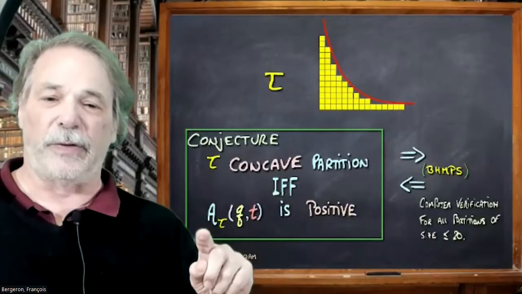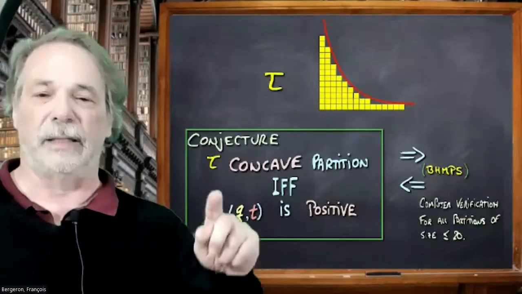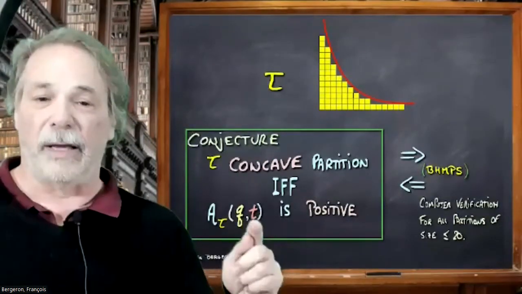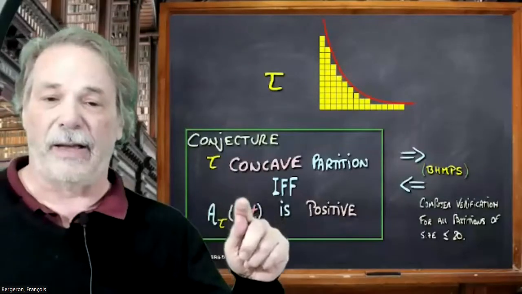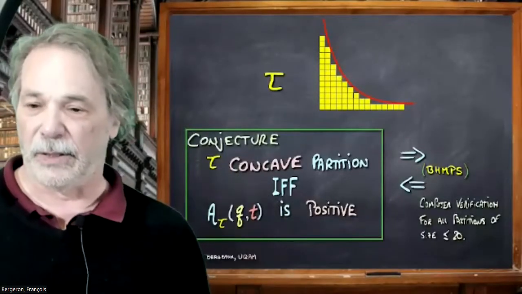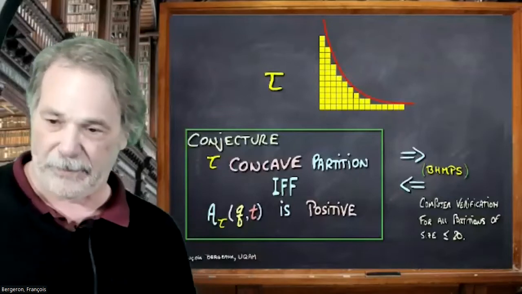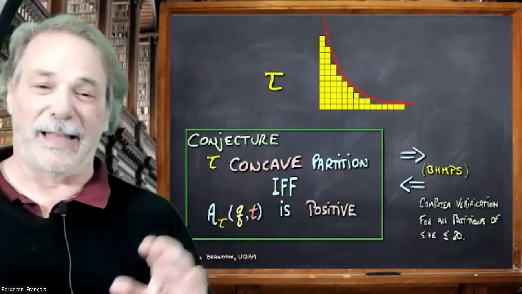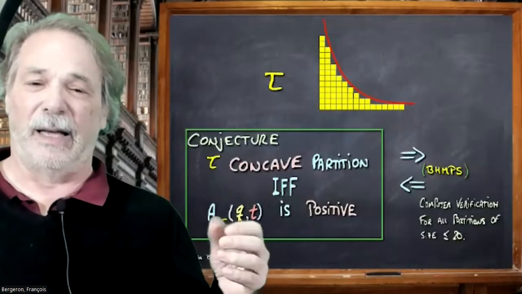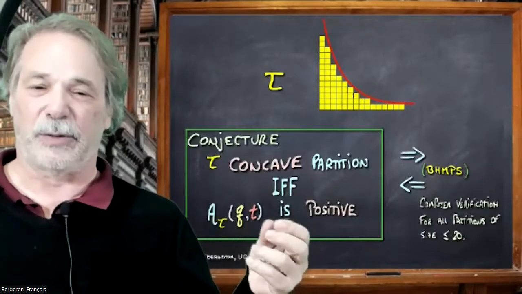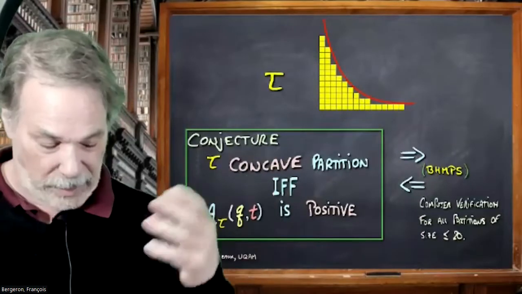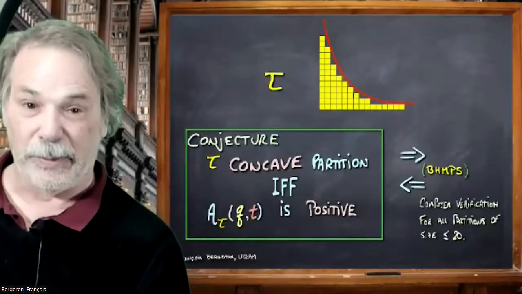So if you get a positive answer, then the partition is concave. And if the partition is not concave, you get signs. So that's very nice, because you get an algebraic description of something and a geometric description, and it's not clear why they should be related this way.